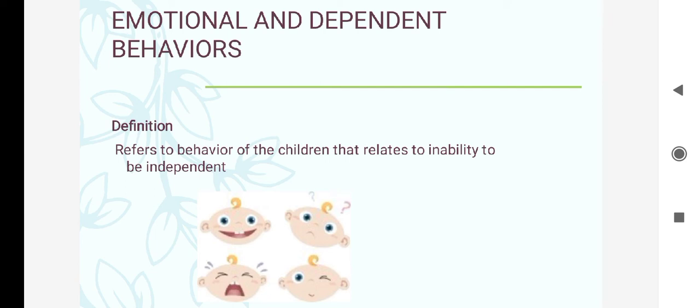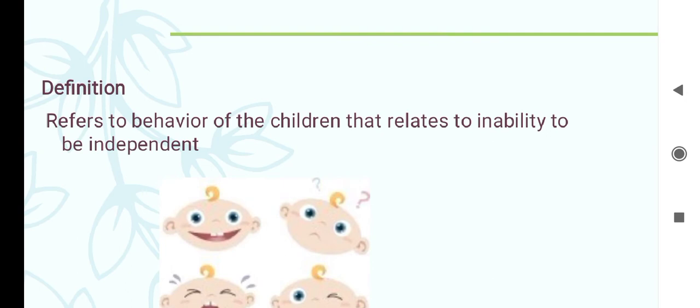Okay, being dependent among children is quite normal, right? Because of their age, for young children. But being too dependent for a growing child, that is not normal, right? By the age of preschoolers, normally they begin to show their independency. And then how can we see that the behavior of the children is being too dependent?